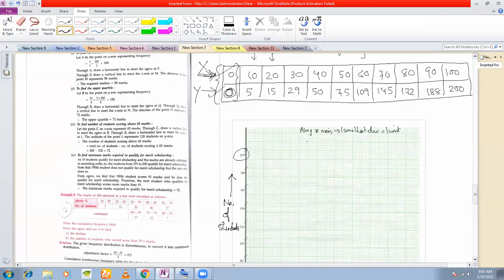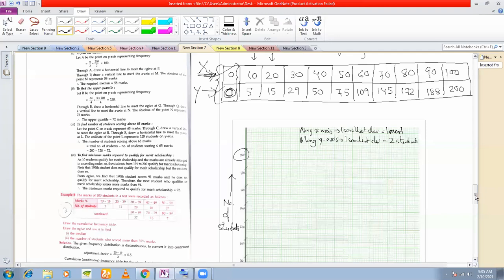So along the y-axis, one smallest division is equal to 2 students. And let me not write unit here, it should be marks. Along the x-axis we are taking marks, right? One smallest division is equal to 1 mark.